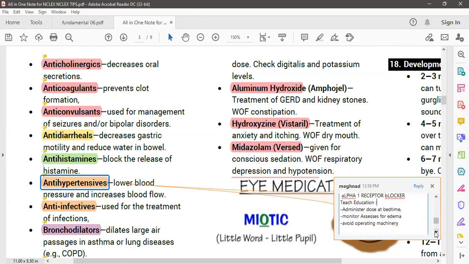What do we educate about alpha-1 receptor blockers? Tell your patient to take the dose at bedtime. Also monitor blood pressure, and monitor for excess edema.